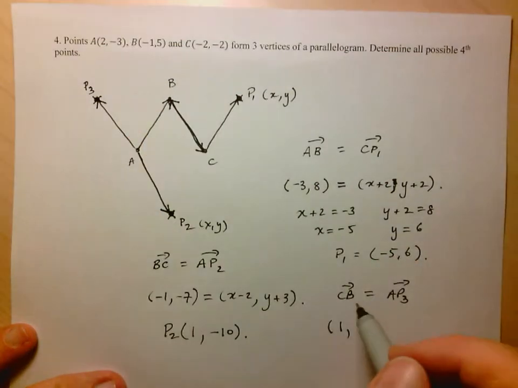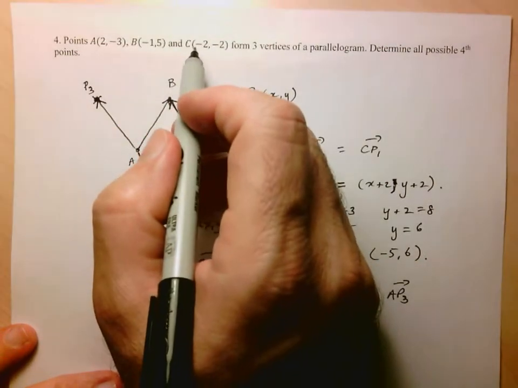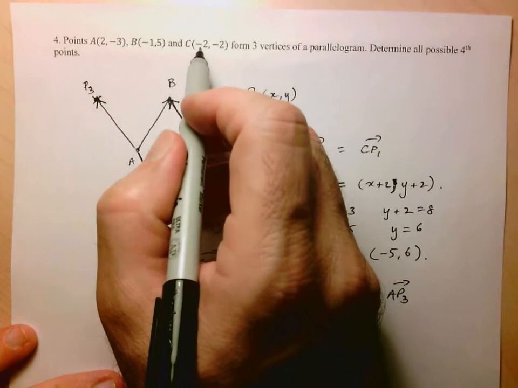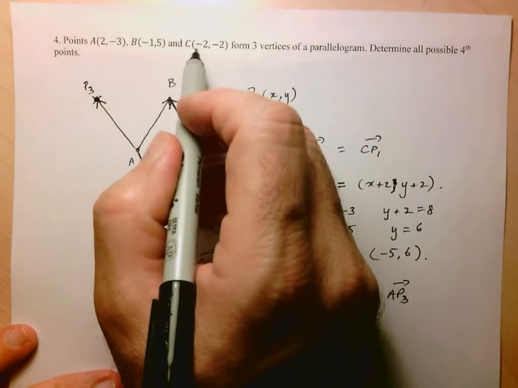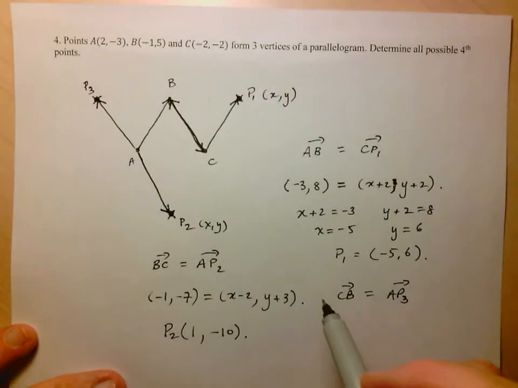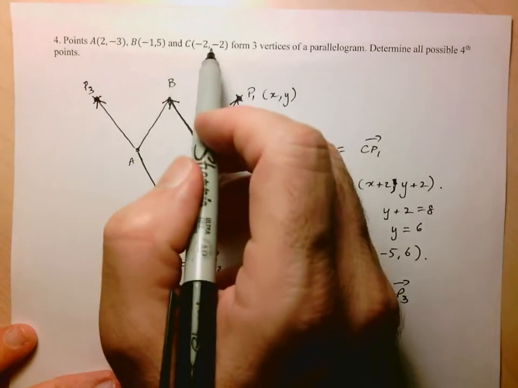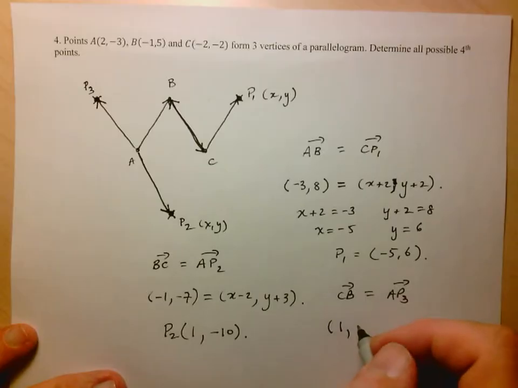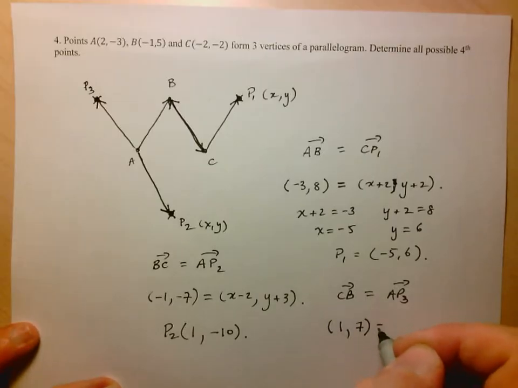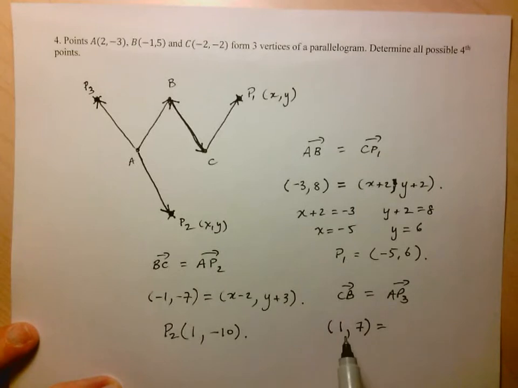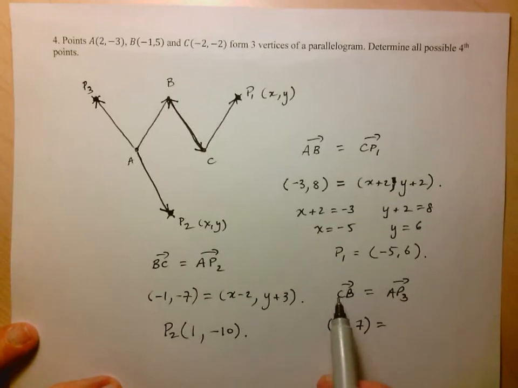So let's check again, CB, so -1 plus 2 is 1. Sorry about that. Okay, and then here we've got 5 minus -2. 5 plus 2 is 7. Okay, now by the way, good way to check this is since I was using CB, it should just be the opposite of BC. Okay, and we see that these two vectors are indeed opposite.